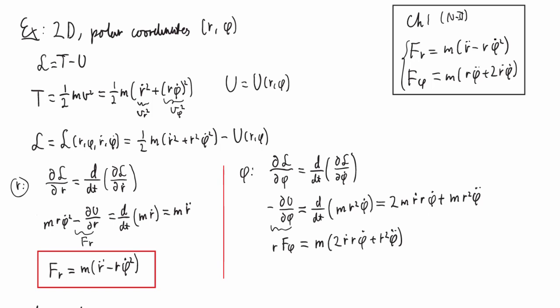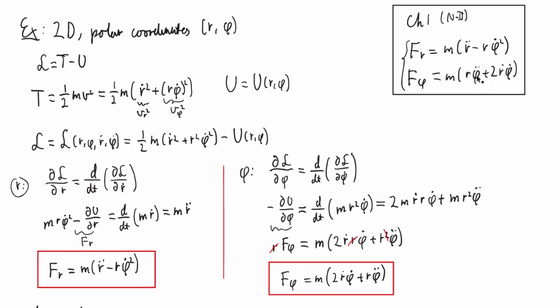Now we can simplify this. We just get rid of these r terms here, and we end up with a final result that f sub phi equals m times (2 r dot phi dot plus r phi double dot).